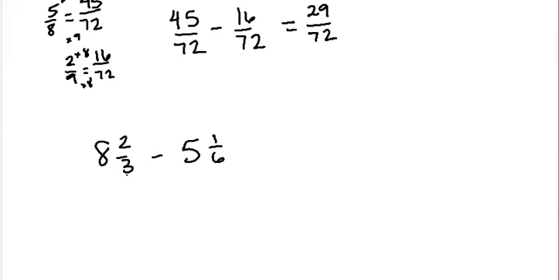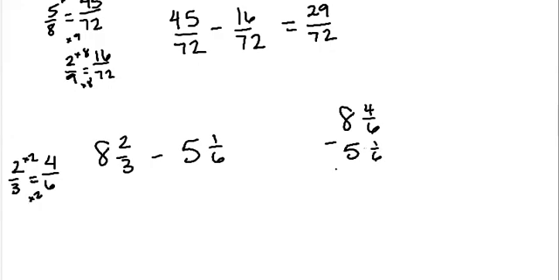Well, since 6 is a multiple of 3, I only have to change the 2/3 fraction. So what will 2/3 be if I make it something over 6? I had to multiply by 2, so it makes it 4/6. So I can change this to 8 4/6 minus 5 1/6.